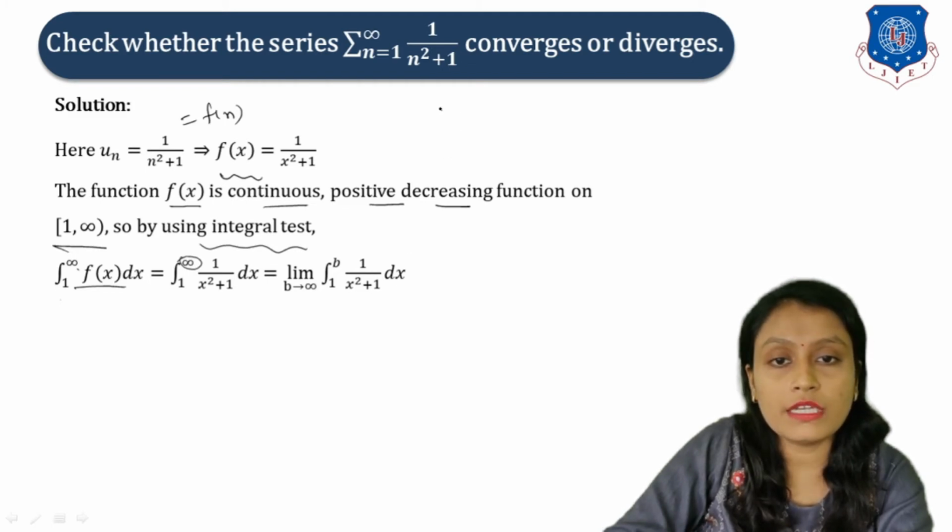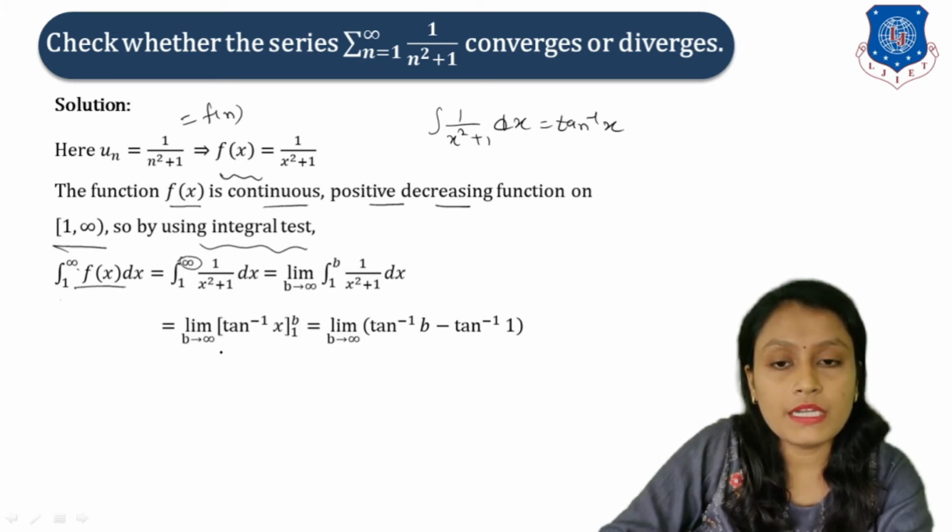Okay, now we know the integration of 1 upon x square plus 1 dx is what? Tan inverse x, right? So just apply this integration, so you will get limit b tends to infinity tan inverse x and this limit 1 to b. Now just apply the limit, so you will get tan inverse b minus tan inverse 1, and this limit b tends to infinity.